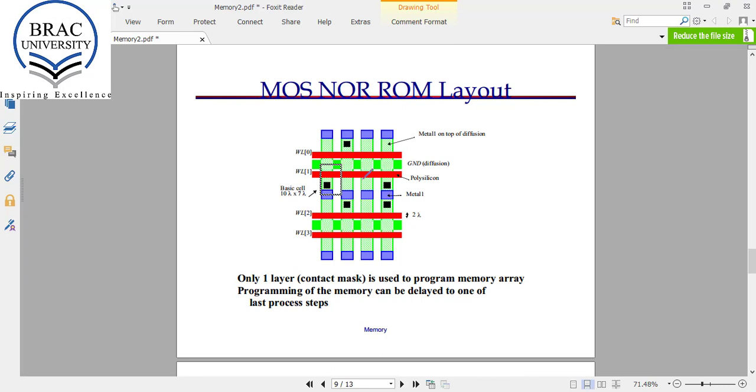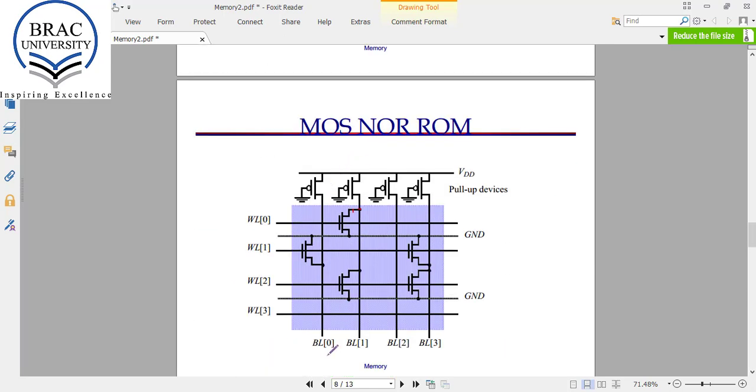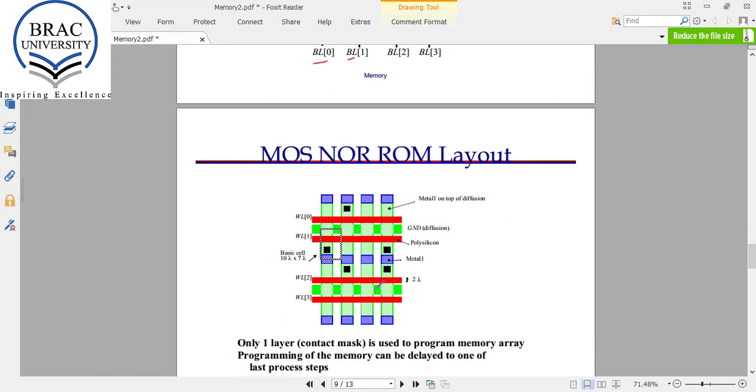Here is the layout of the previous ROM structure. So you can see this is word line 0, this is word line 1, word line 2, word line 3, and here is the ground. So we have the MOS structure in this cell, and we want to connect this metal line, and these are the metal lines BL0, BL1, BL2.